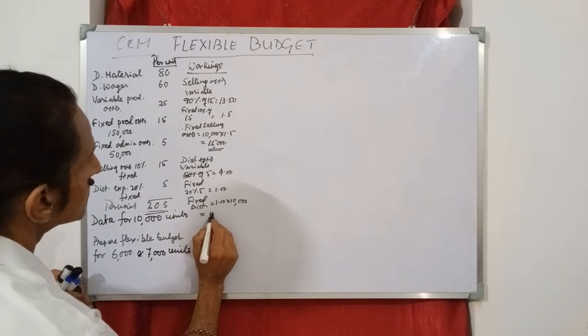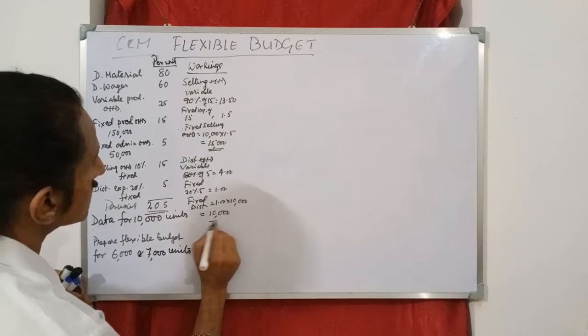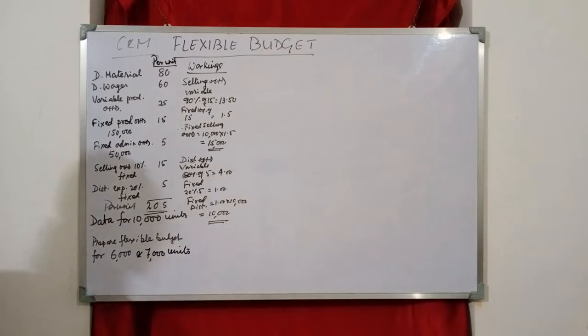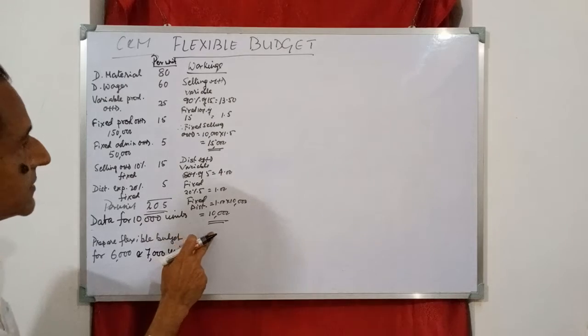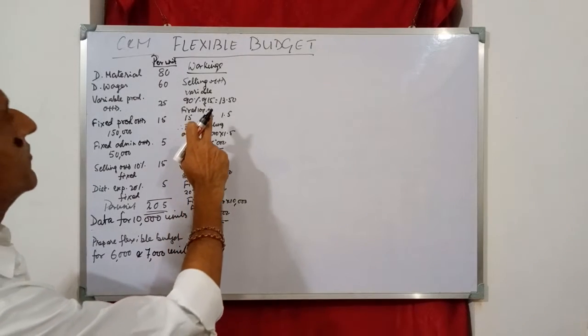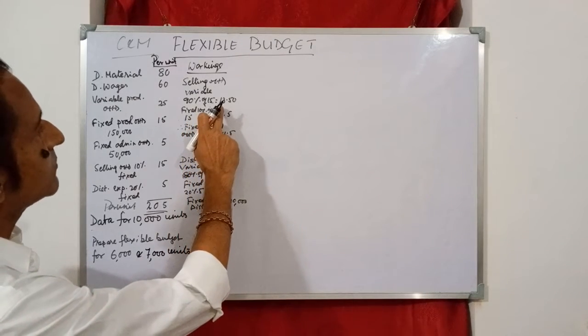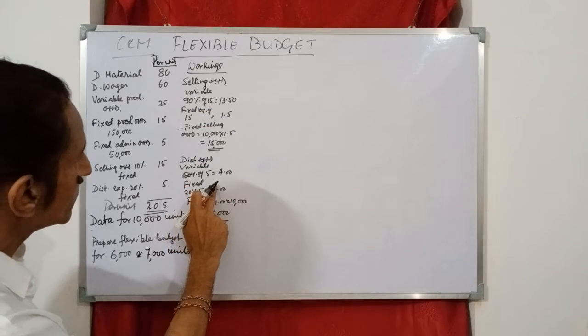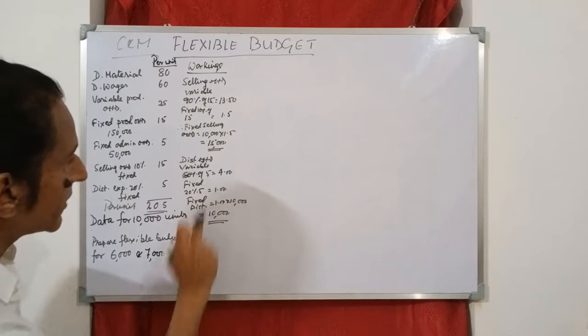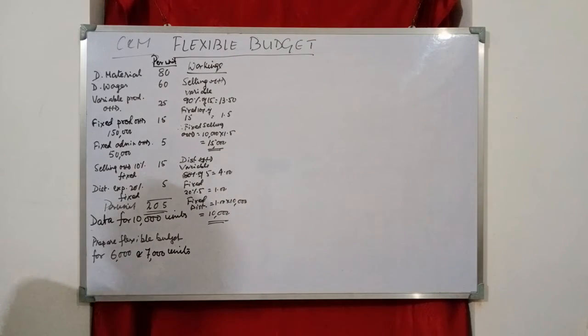This comes to 10,000. So fixed selling overhead is 15,000 and fixed distribution overhead is 10,000. Variable selling overhead is 13.50 per unit and variable distribution overhead is 4 per unit. Correct? Now we can go for solving this problem.